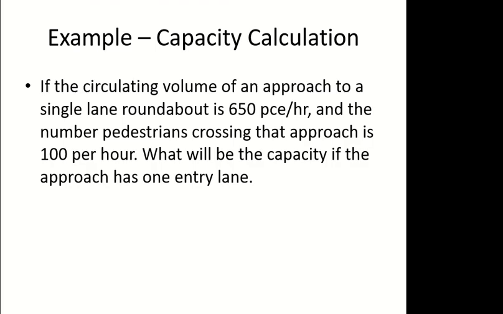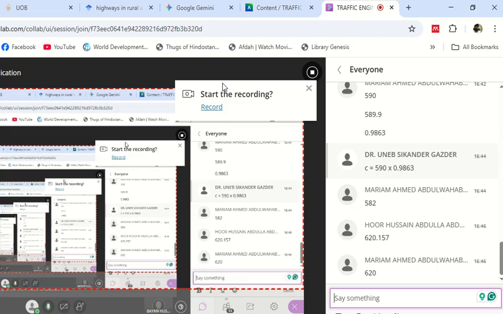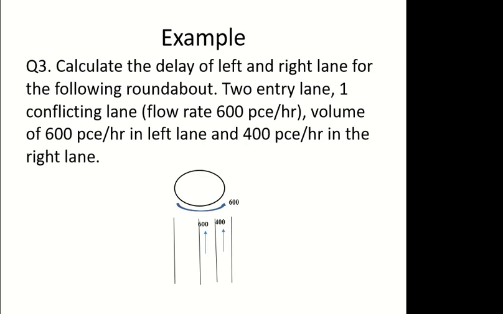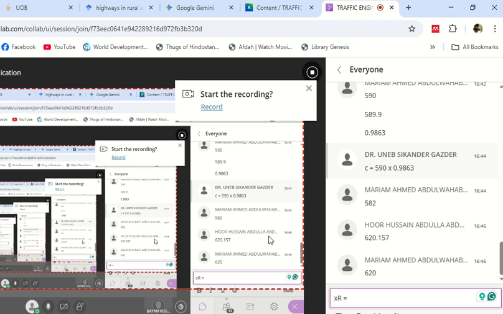Moving on. So if my capacity is 620, then I need to calculate x for both the lanes. Now remember, capacity is the same, but the volume in each lane is different. Left is 600, right is 400. So x will be different.